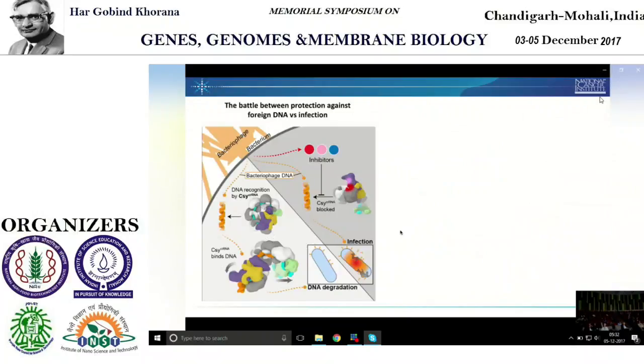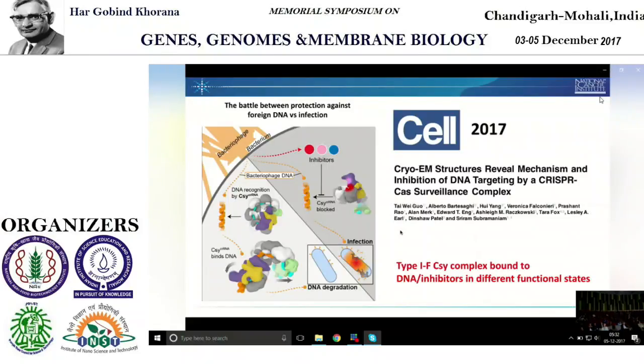The last example I'd like to share with you is work just published on the application of cryo-EM to nucleic acid protein complexes. And this work we did in close collaboration with Dinshaw Patel, who's at the Memorial Sloan Kettering Center in New York. The schematic on the left-hand side essentially captures the structural biological problem we're trying to solve and the biology that's relevant to it.